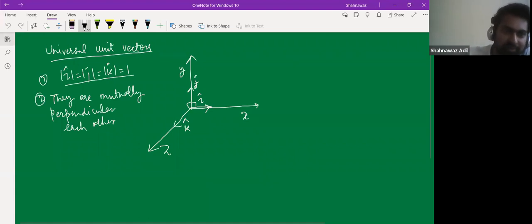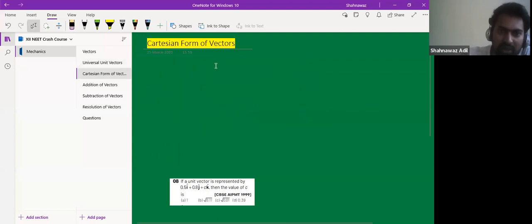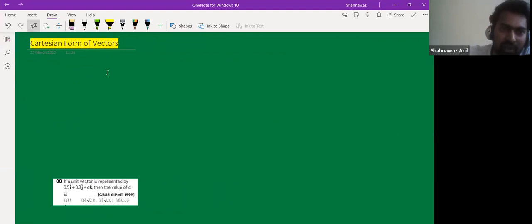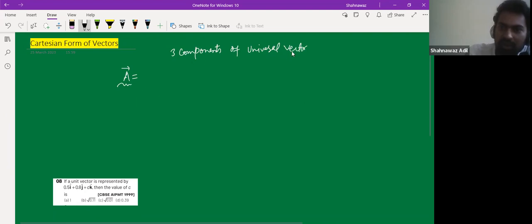And the third topic is the Cartesian form of a vector. So you can represent or you can break any vector in the form of these universal unit vectors. Let's say you have a vector A. So you can break this vector into 3 components of universal unit vectors.